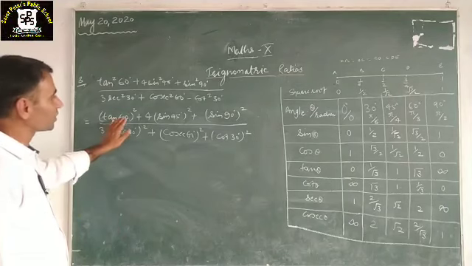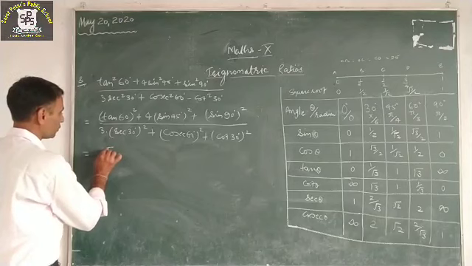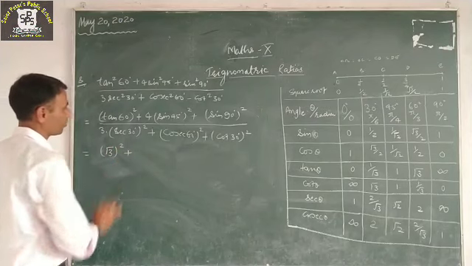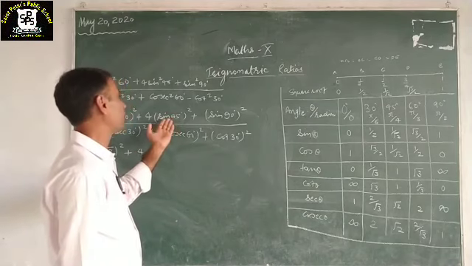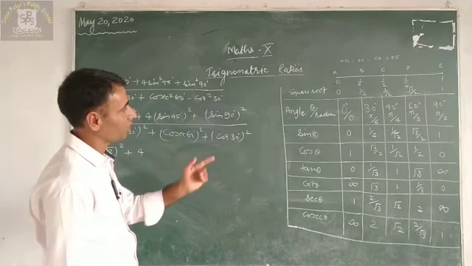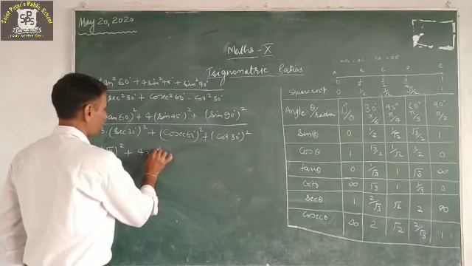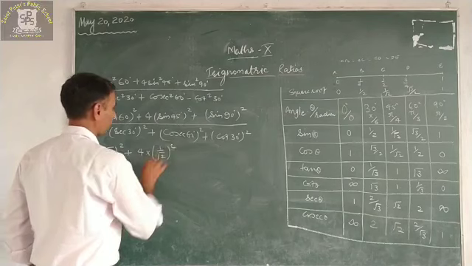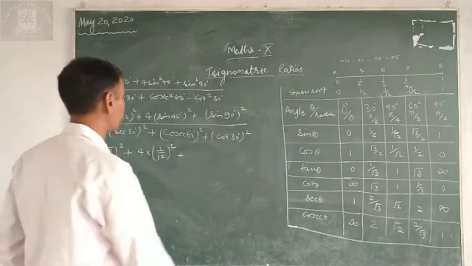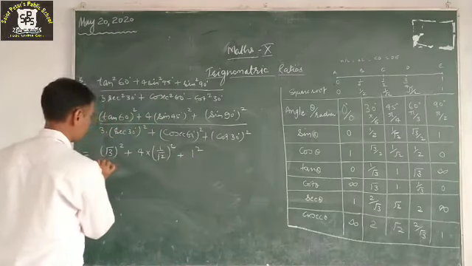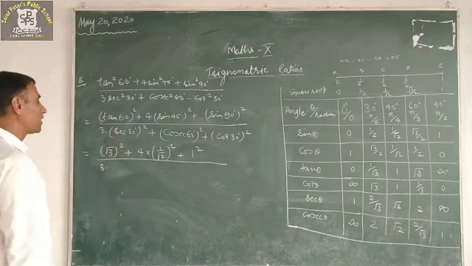So the value of tan 60 degree is root 3. So root 3 whole square plus 4, the constant term, multiplied by the square of the value of sin 45 degree. The value of sin 45 degree is 1 upon root 2. So 4 into the square of 1 upon root 2, plus the value of sin 90 degree, which is equal to 1, so 1 whole square, divided by 3 into sec 30 degree whole square.